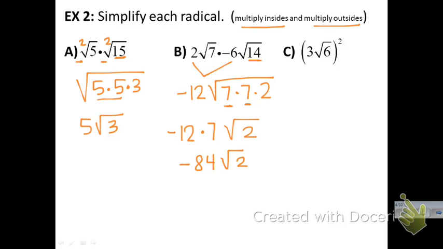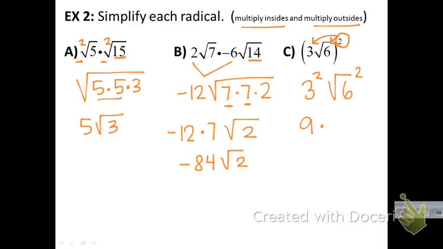to get negative 84 with that root 2 at the end. On C, there's several ways to look at this, and I looked at it as a power. With the power, remember, we have to distribute this to both terms. So we get 3 squared and root 6 squared. Now this 3 squared becomes a 9, and with the root 6, anytime you have a square root and a squared, those are opposite operations, so they cancel each other and you get a 6 left.